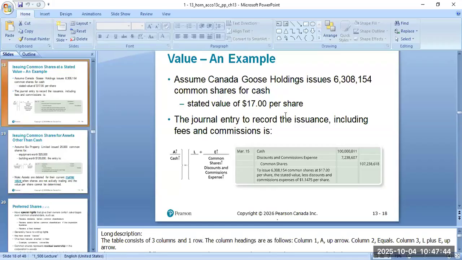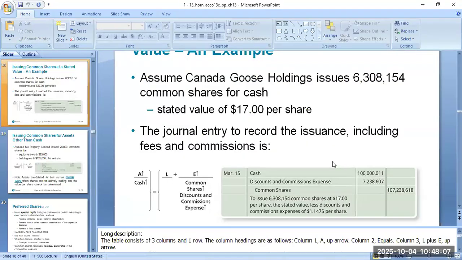An example of issuing shares would be this company deciding to issue 6,308,154 shares with a stated value of $17. Now, what are they going to get? Obviously, they're going to get cash. They have to pay for all the expenses they have for the issuing of shares, and they're going to issue common shares.